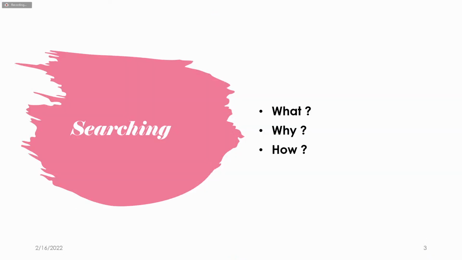So coming to searching, answering the three basic questions: what is searching, why, and how. Searching is nothing but finding an element or an item with specified properties from a collection of items. Let's make the session a bit interactive. Why do you think we need searching?